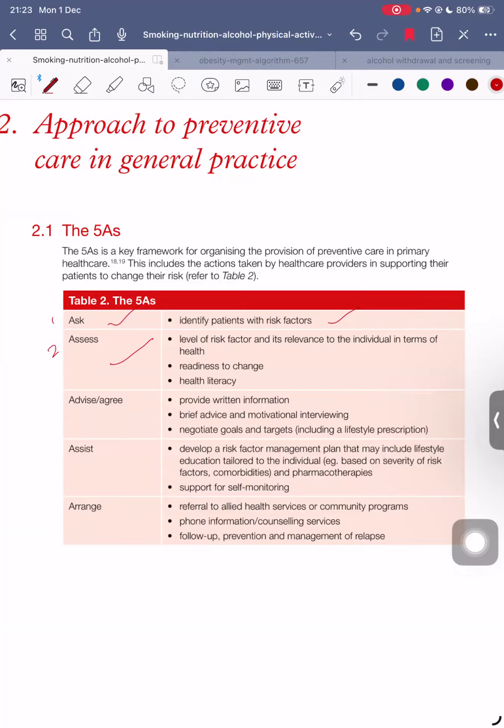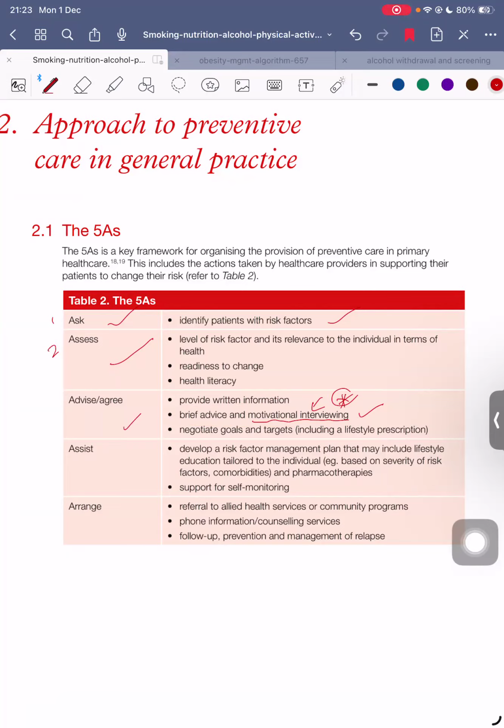That means we provide written information about this risk prevention, and we give brief advice and motivational interviewing. Remember this: brief advice and motivational interviewing. Usually this motivational interviewing part is one of AMC's favorite things. Remember this motivational interviewing.